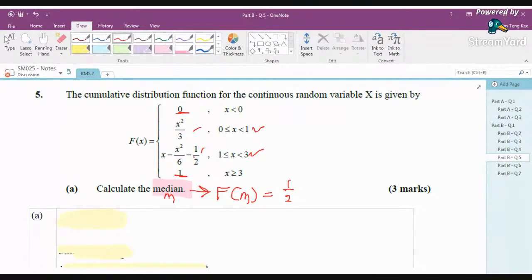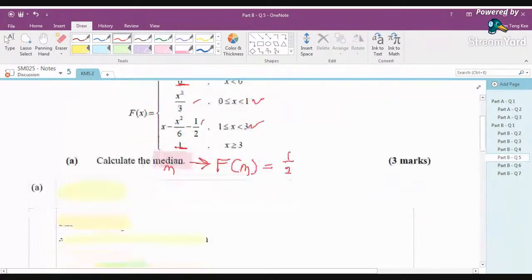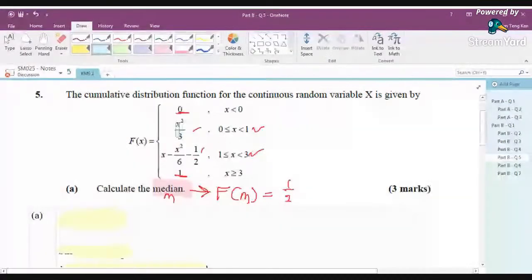In order to do that, we start from the second interval. We consider substituting 1 into the functions, and see what result we get.